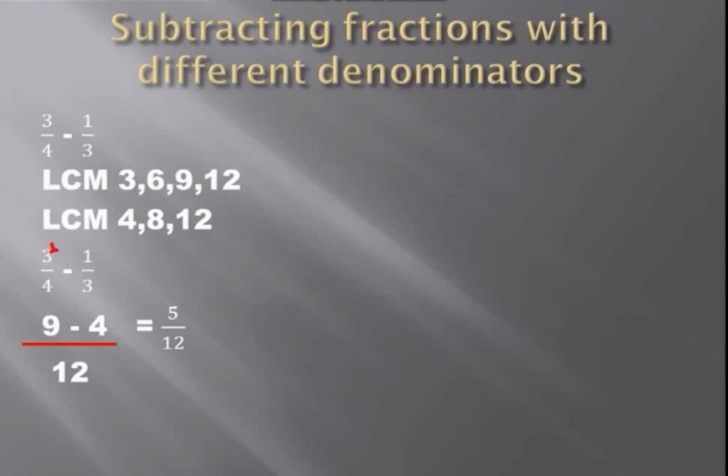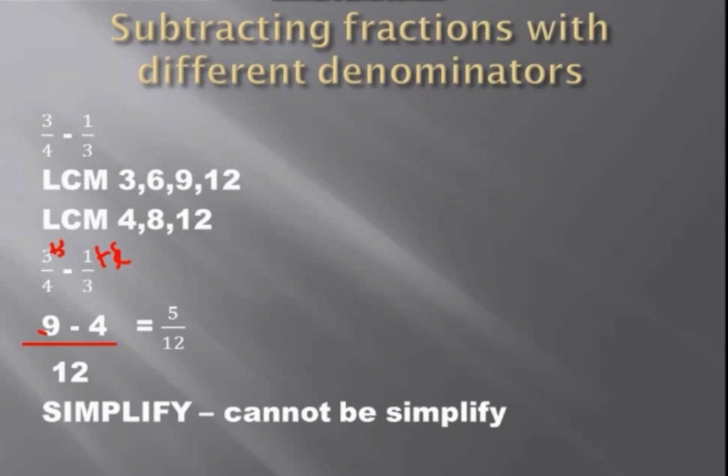You times the 3 by 3, you get 9. 3 into 12 goes 4 times. Times the 1 by 4 and you get 4. So 4 from 9 is equal to 5, and you write back your 12 as the denominator. 5 over 12 cannot be simplified any further.